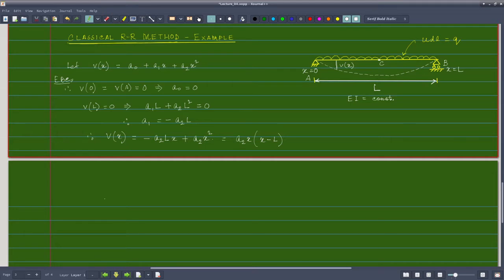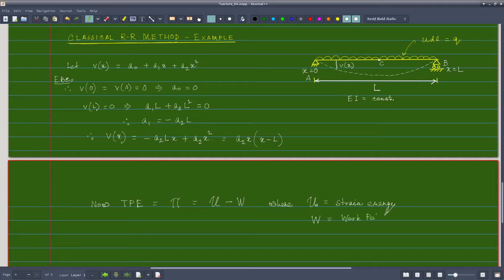The total potential energy, capital Pi, is equal to capital U minus W, where U is my strain energy and W is my work potential.